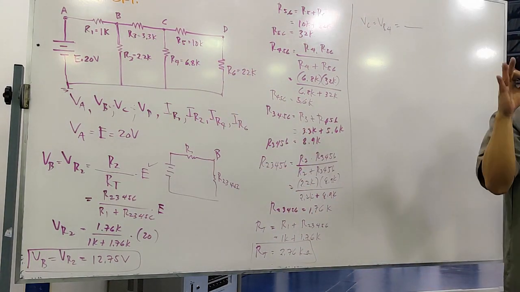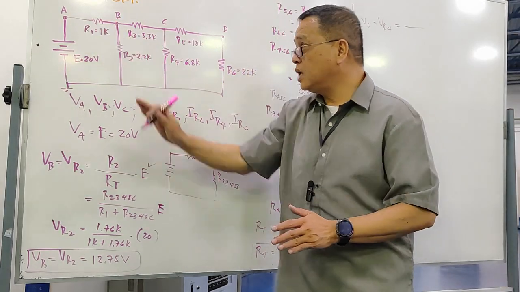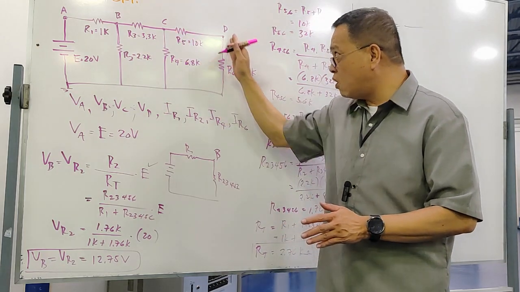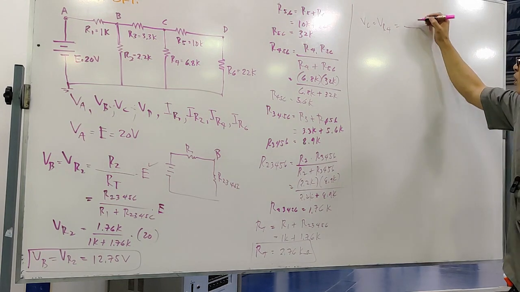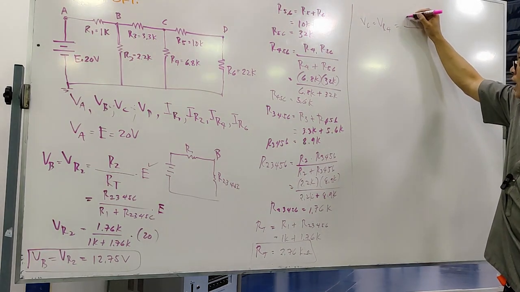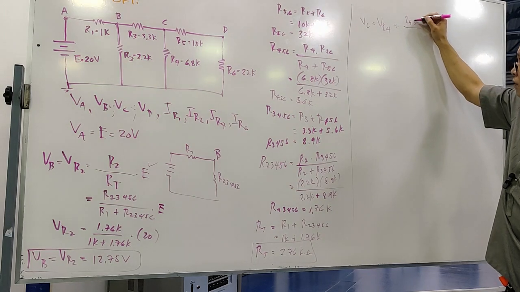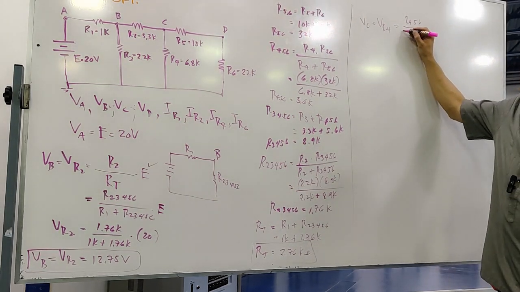So before it was here, and this one. Now, since we are after R4, these three now all together, plus this one, right? So VR4 will be V R456, over what? What's the resistance?